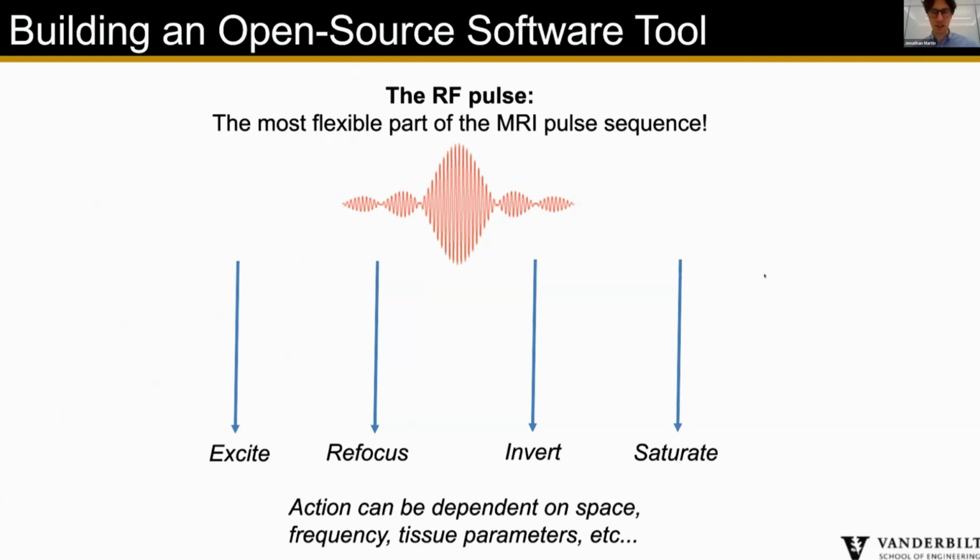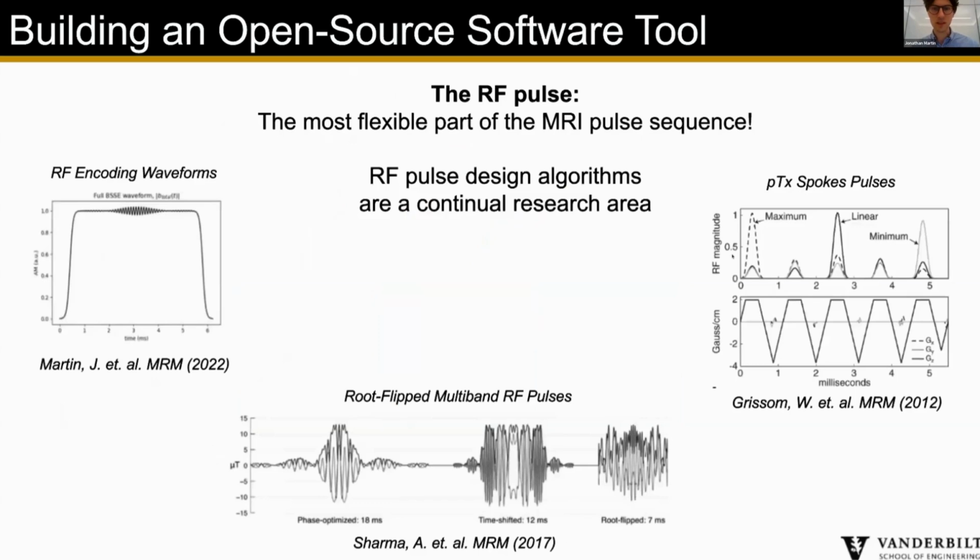So it's this really flexible tool. And the design of pulses to achieve all of these different goals is a continual research area and covers lots and lots of different applications.